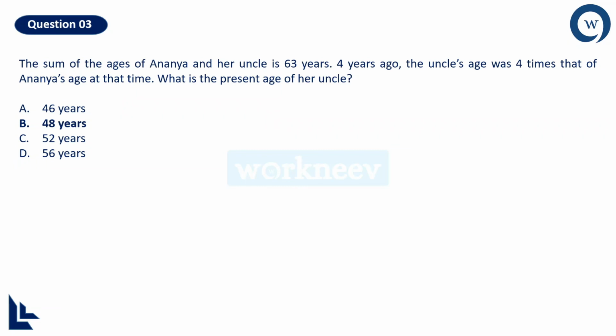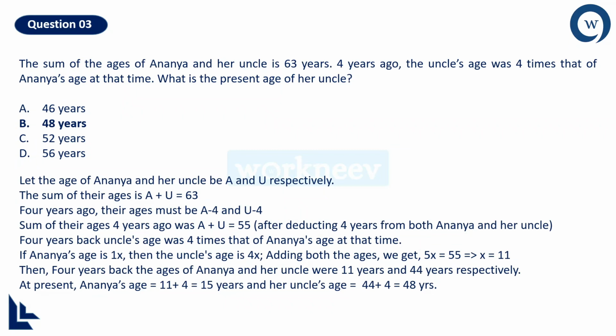And let's look at the long cut method to solve this problem. Let the age of Ananya and her uncle be A and U respectively, and sum of their ages from the problem statement is 63, right? So I can take A + U = 63. Now 4 years ago, their ages must be A - 4 and U - 4, because both were 4 years younger than they are right now at present.